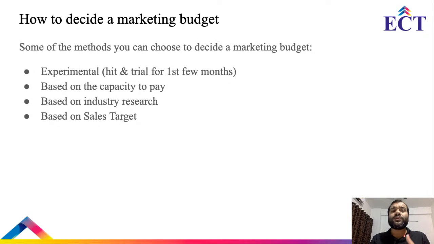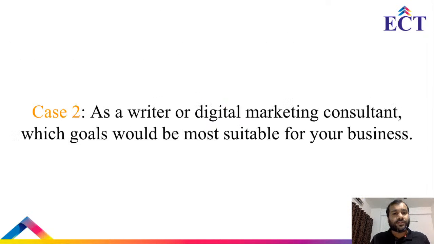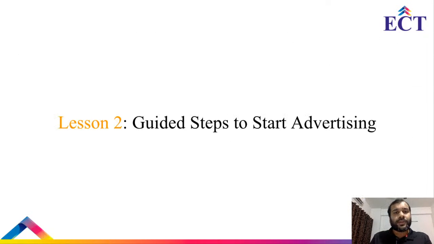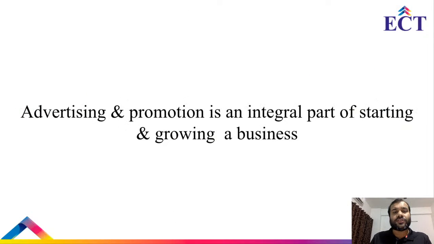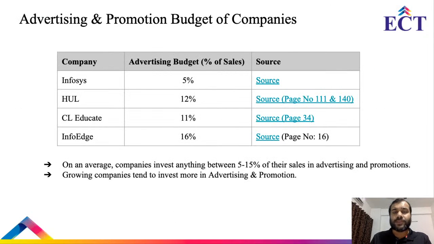The third one is based on the industry research. So the research that we saw here, that the leading industries are spending. Suppose in your industry, people are spending maybe 10% of their revenue, and you want to earn 2 lakh rupees.